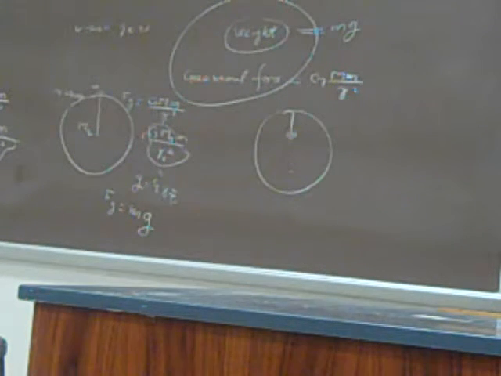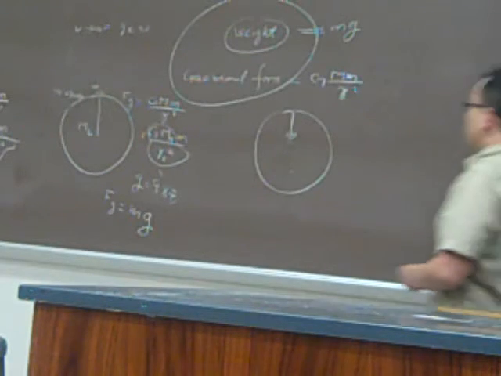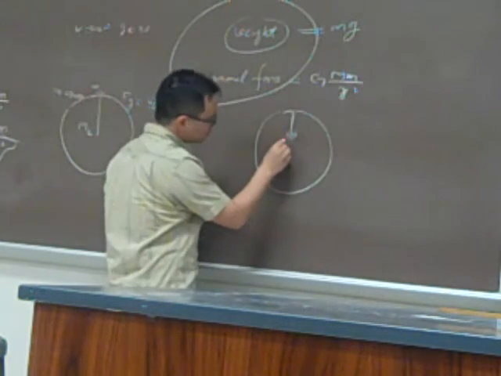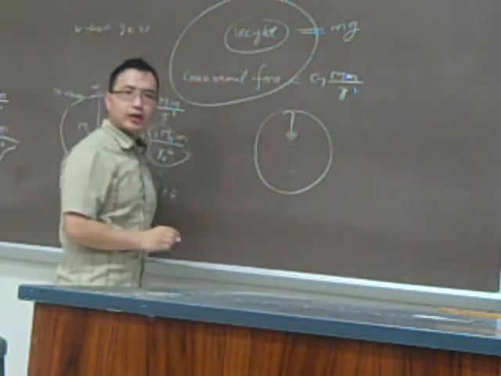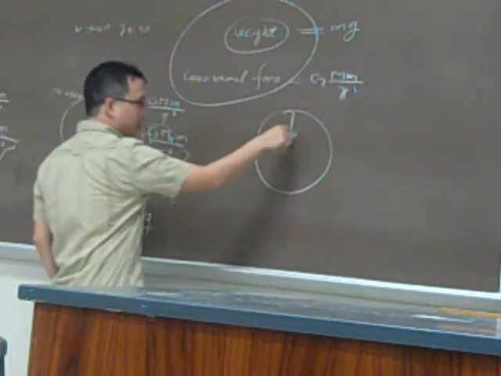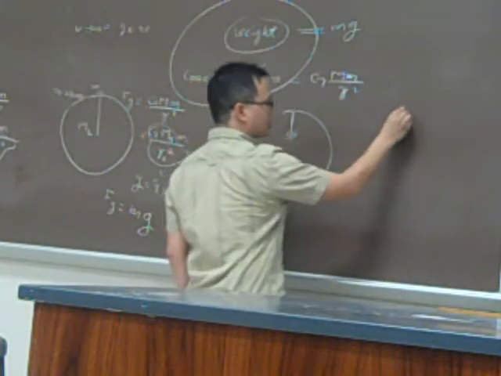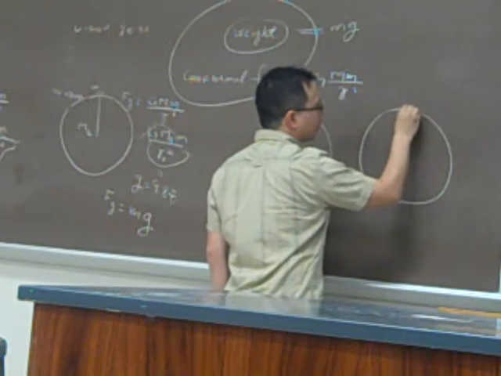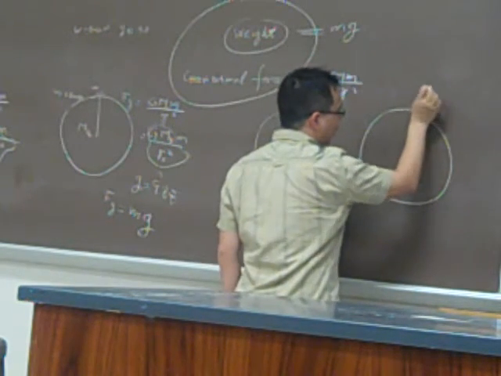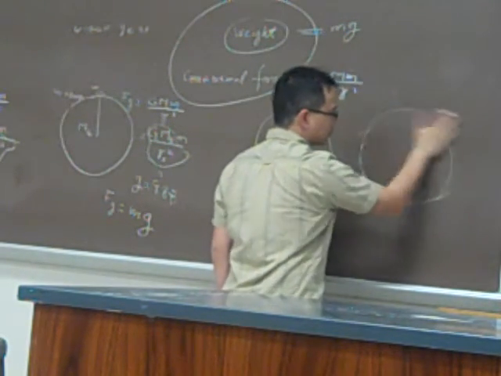Okay, a uniform shell of matter attracts a particle that is outside the shell as if all the shell's mass were concentrated at its center. Okay. So, before we do that, let's first do this. In fact, let's start from here.